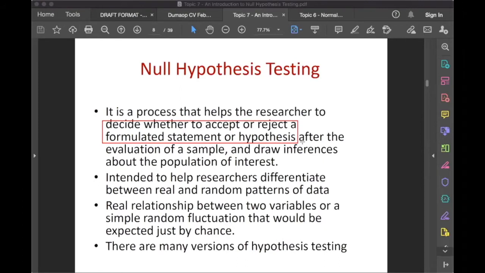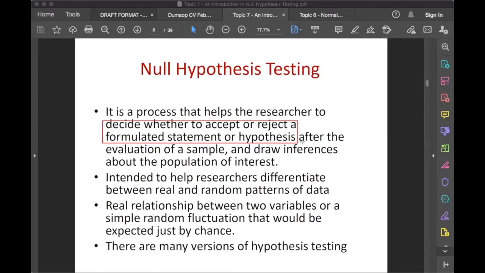A hypothesis, specifically the null hypothesis, is a statement that two variables are not associated or are not related, and the alternative to that would be to say that two things are related. That's the simplest hypothesis one can think of.